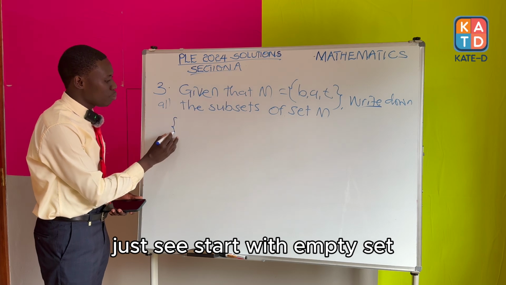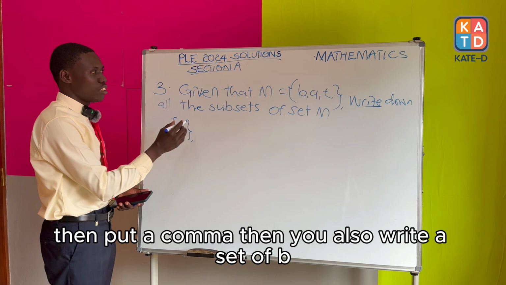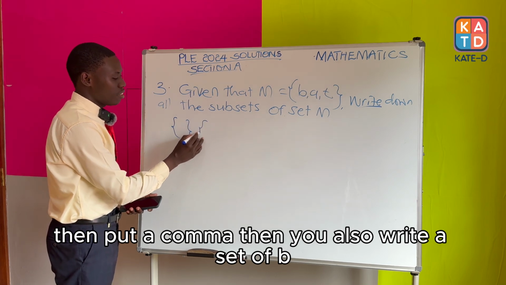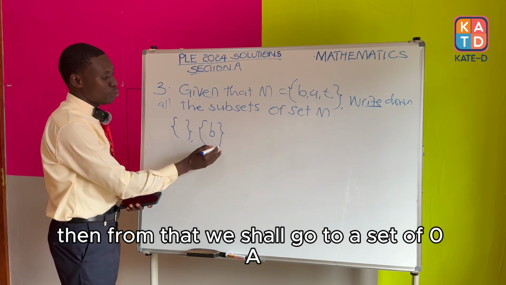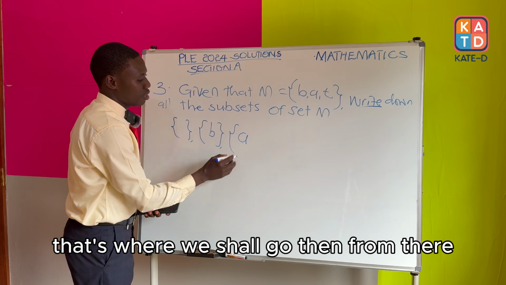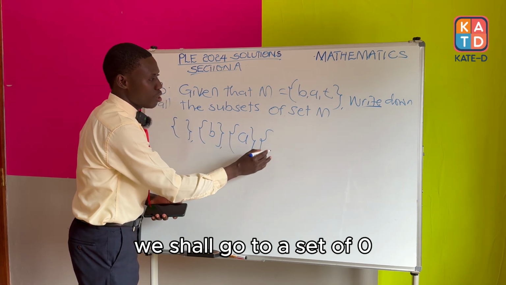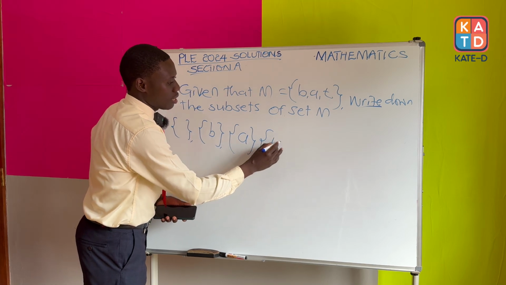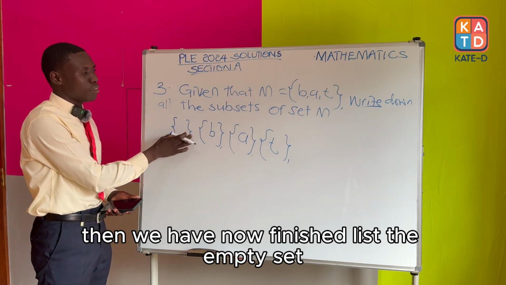Start with the empty set, then put a comma. Then write the set of B, then the set of A, then the set of T.